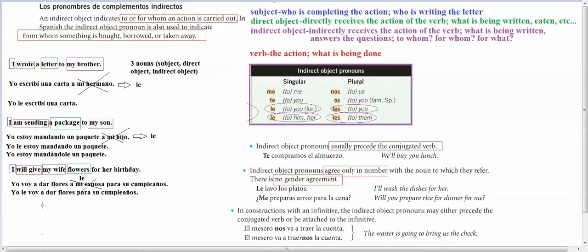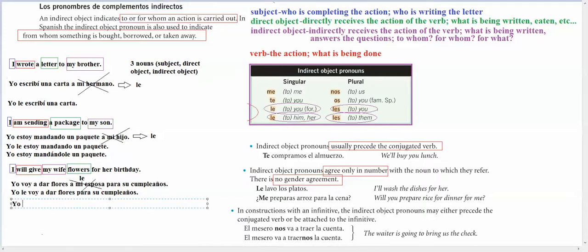However, because this sentence has an infinitive, in constructions with an infinitive, the indirect object pronouns may either precede the conjugated verb, like what we did, or they can be attached to the infinitive. So if I rewrite out that sentence, yo voy a dar flores a mi esposa para su cumpleaños.